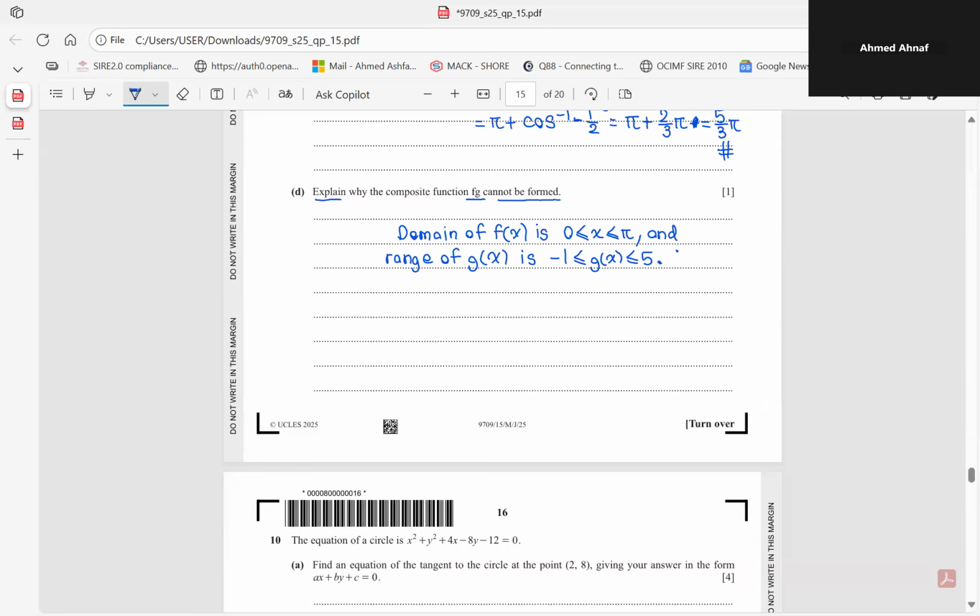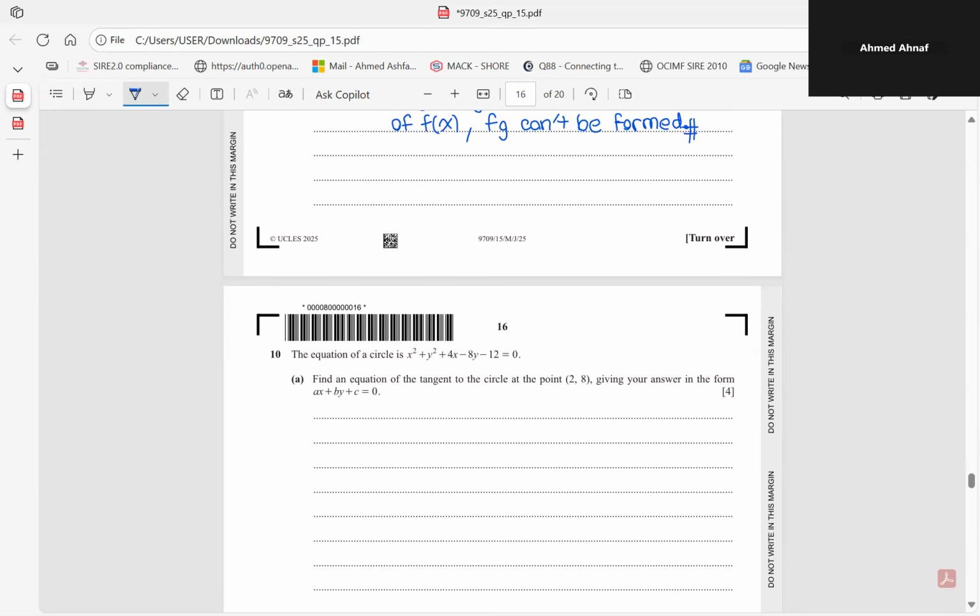So you can say: since the range of g(x) isn't within the domain of f(x), fg cannot be formed. So this is our final answer for this part. Let's head on to the next question.